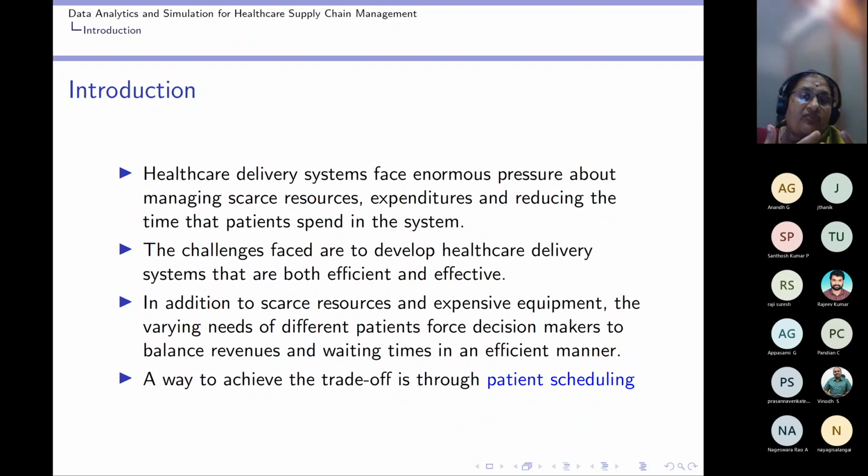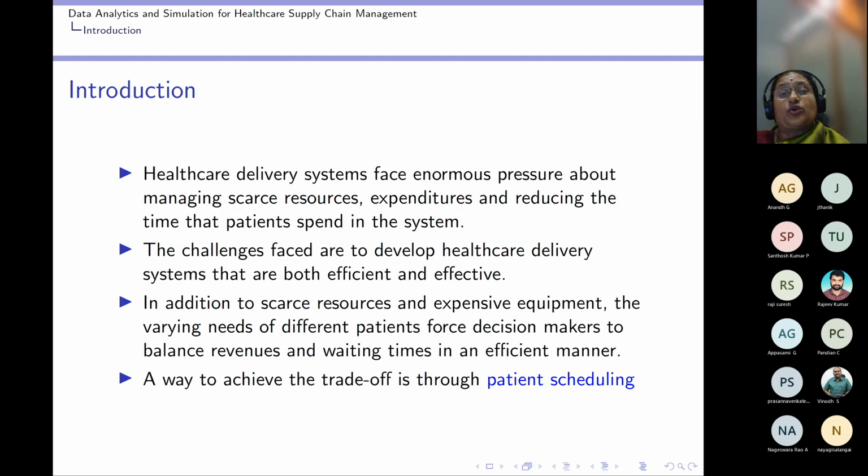So looking at the challenge these healthcare delivery systems face, they need to serve the patients, and they want to come up with efficient ways of serving them without keeping them waiting. One immediate thought is, okay, let me increase my resources. But the minute you look at resources, be it an MRI scanner or a CT scanner, you know that these are all capital intensive.